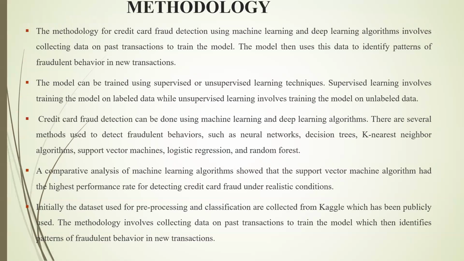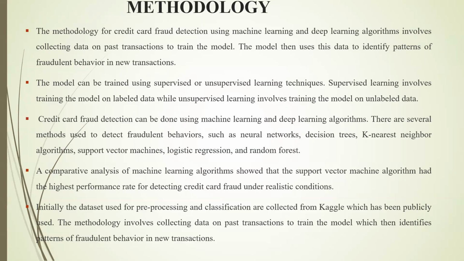The methodology will be divided into 5 steps, that is data processing, pre-processing, building the model, classification, and finally the result. In machine learning, there are two types of algorithms. One is supervised and the other one is unsupervised. In the supervised, we know that it is a labeled data set, and in the unsupervised, we have an unlabeled data set.